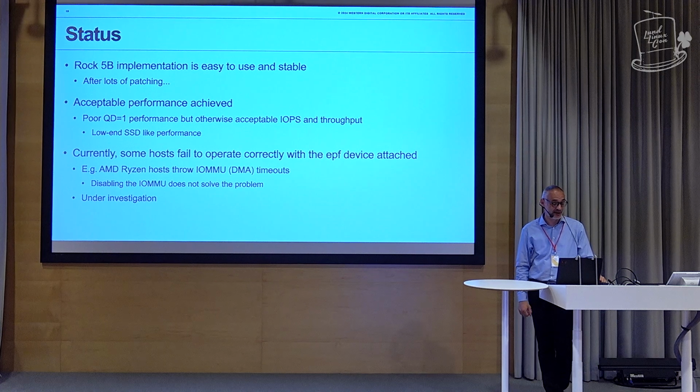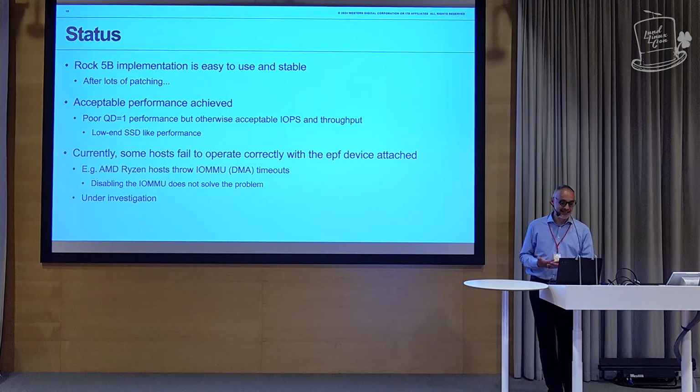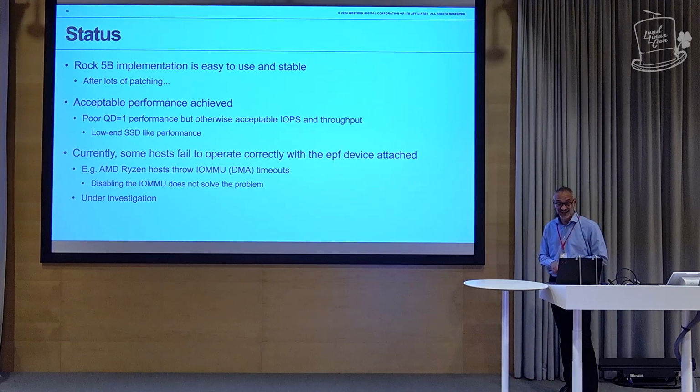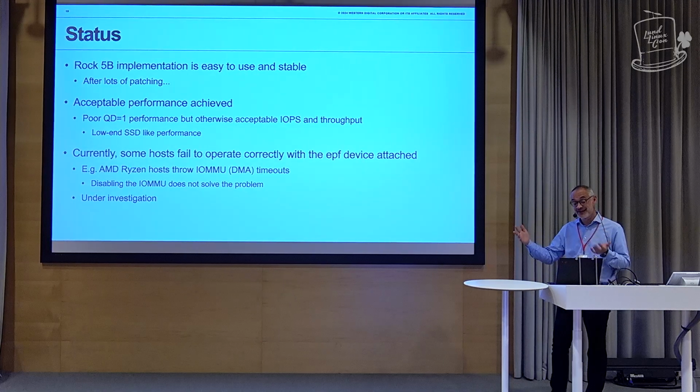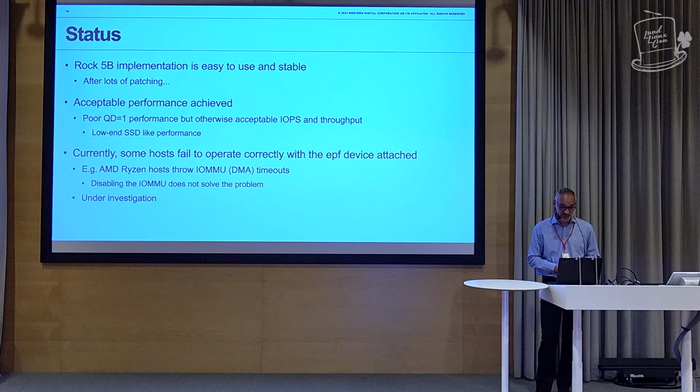So if you have a latency-sensitive application that does a lot of QDEPS1 IOs, don't try to measure anything with that. That's not going to look great at all. But overall, I'd say it's like a low-end SSD-like performance. It's actually better than what you can get with a SATA SSD. So it's in between SATA and NVMe SSD performance, as long as you operate at high QDEPS.